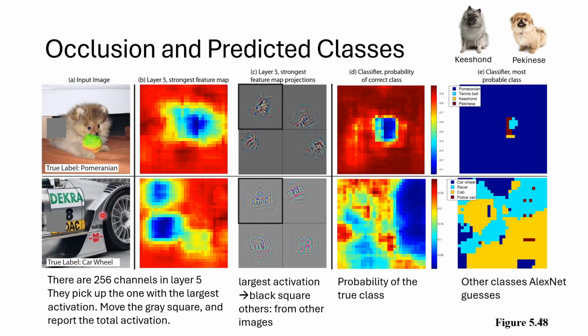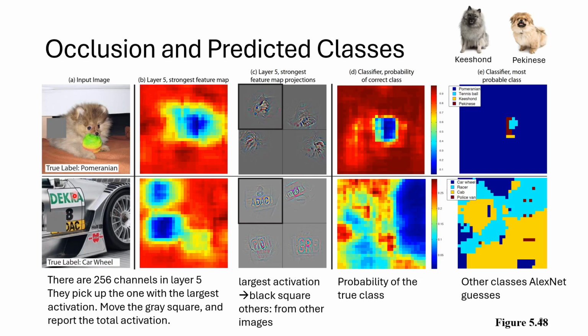However, in layer 5, when they pick up the layer with the largest activations, the message collected by the neuron is not wheel. In fact, it is not the label or logo of the racer's car.